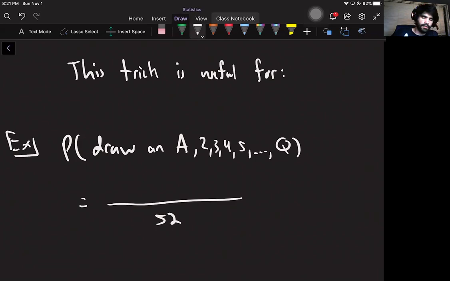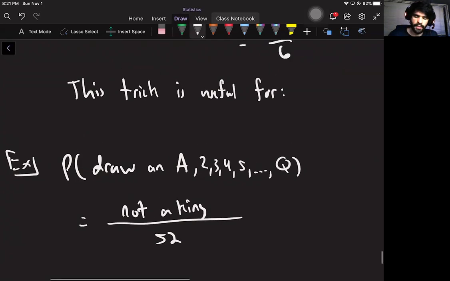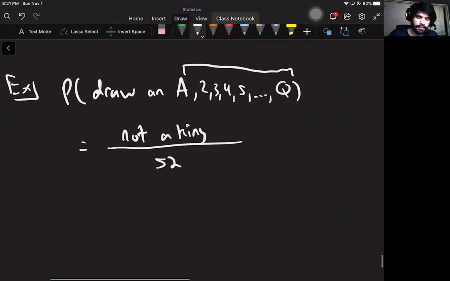So I could think of it as not a king instead, because that's really what this is saying. This is saying all the cards except a king. So as long as I know the number of kings, I can figure this out more easily.